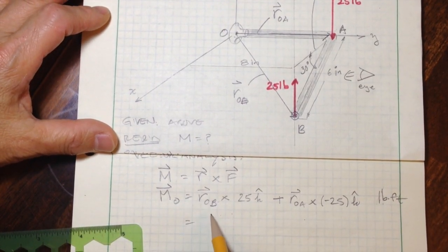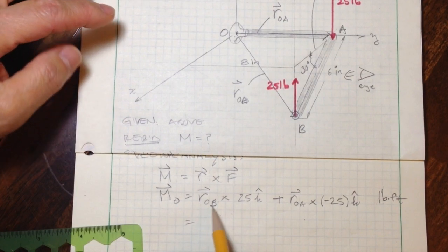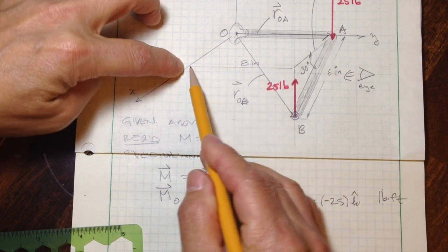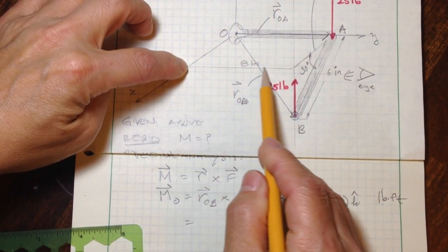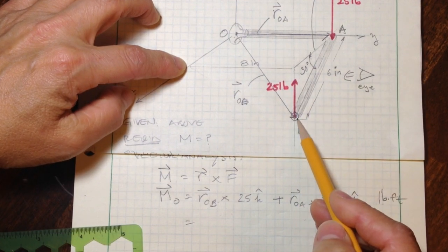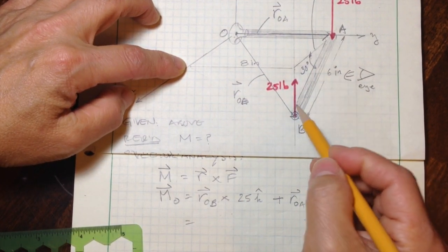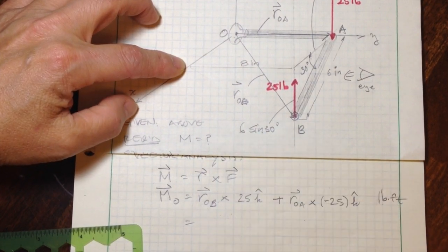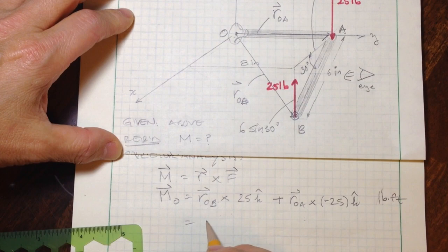We can determine this position vector ROB to be 6 times cosine of 30 in the x, 8 inches in the y, and negative sine 30 degree times 6 in the k direction.